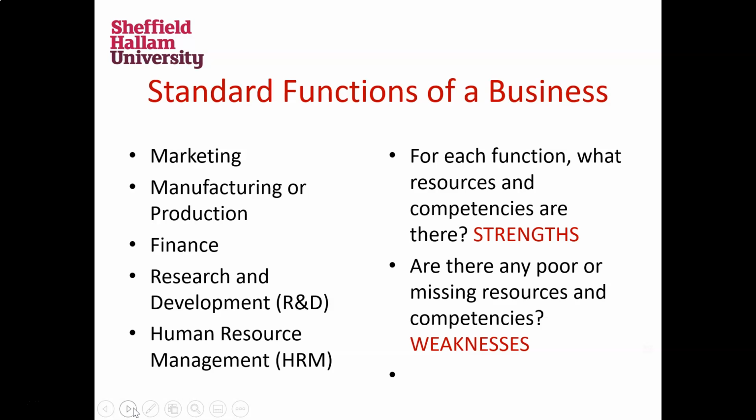If it's got unique resources and core competencies, it's going to have strengths. But if it's got any poor or missing resources and competencies, they are more likely to be weaknesses.